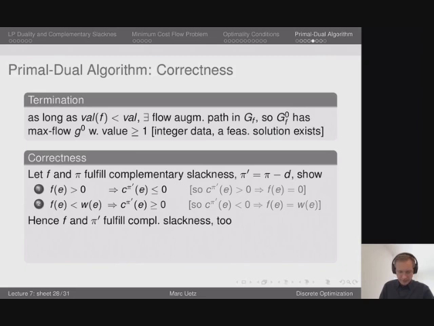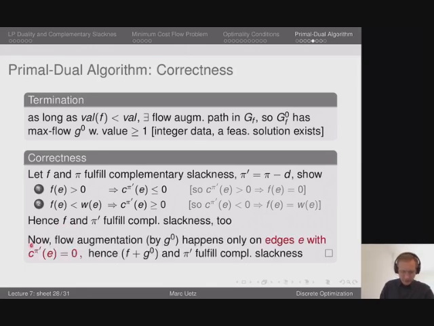So we still have an optimal flow, and we have another set of node potentials fulfilling complementary slackness. But this new set of node potentials now has a nice property that with respect to this pi prime, I can now just send flow on top of the given flow f, and I don't have to prove anything anymore. So the flow augmentation by this flow g0 is a flow where I only use edges with new reduced cost coefficients equal to 0.